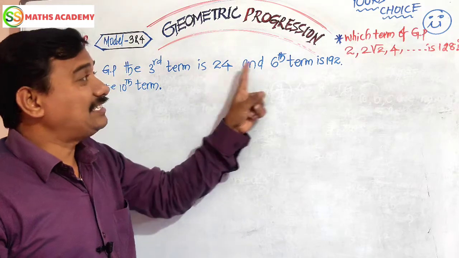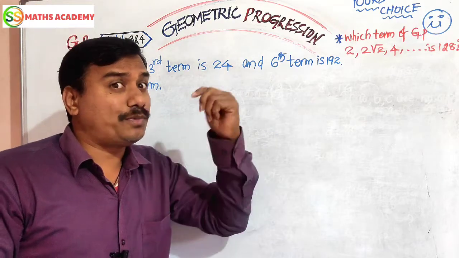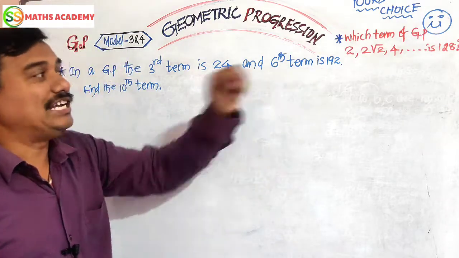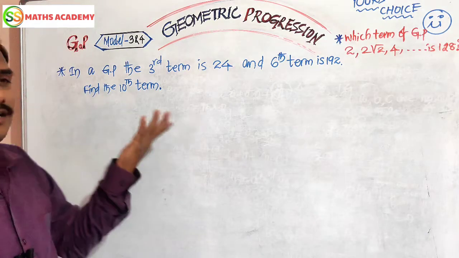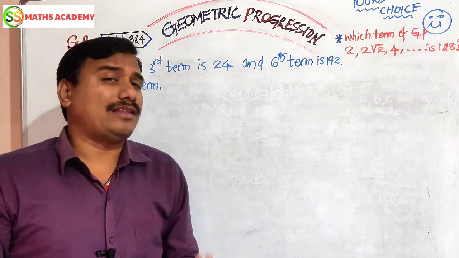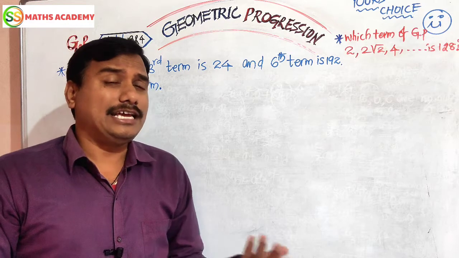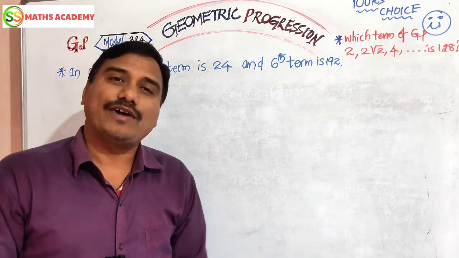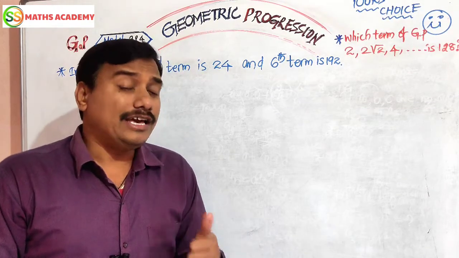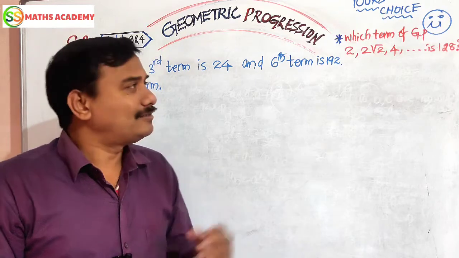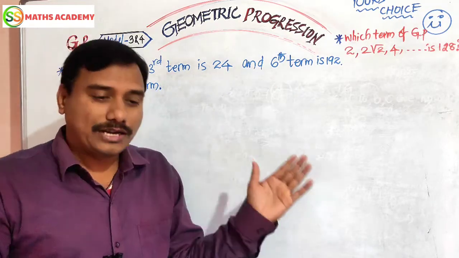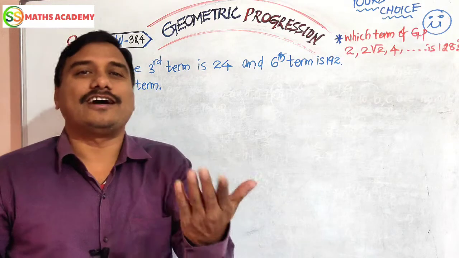And the sixth term in the GP, ar to the power of 5, is 192. Find the 10th term, which is ar to the power of 9. If a and r are there, we can find the 10th term very easily. We have to get a and r from these two clues.